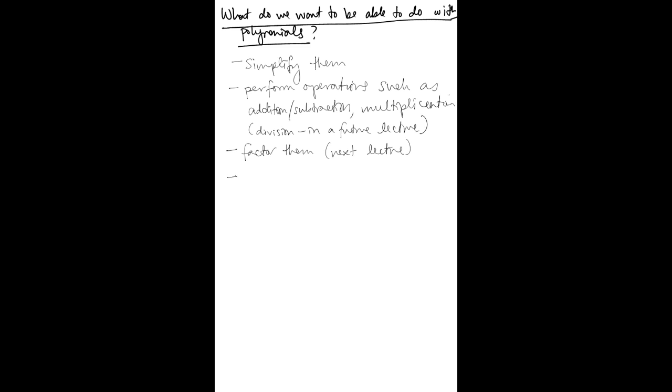And then at some point we'll also want to solve equations containing polynomials, although we won't cover that in this lecture. So this lecture in particular will focus on simplifying them and performing addition, subtraction, and multiplication.